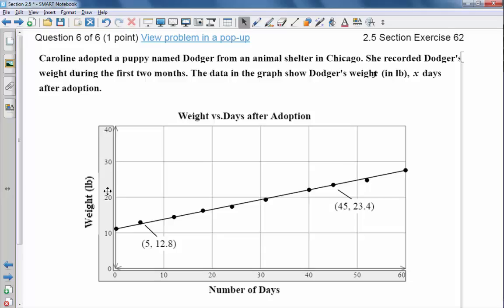Okay, puppy. I think it's a male name, right? So his weight was a little bit past 10. After about 5 days, yeah, it says 5 here. 5 days later, 12.8, maybe this is 12, 13. 13 days later, you have about 13, and this is 18, it's about 17. So you have some measurements.